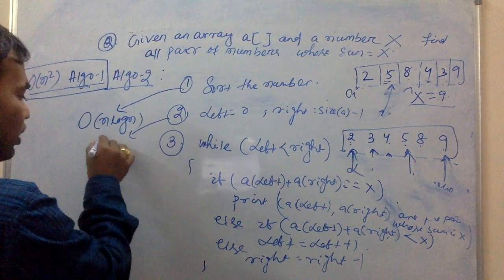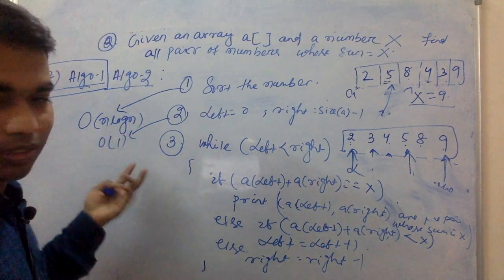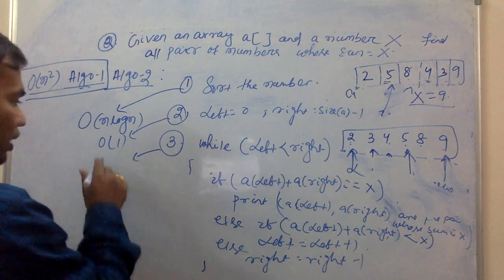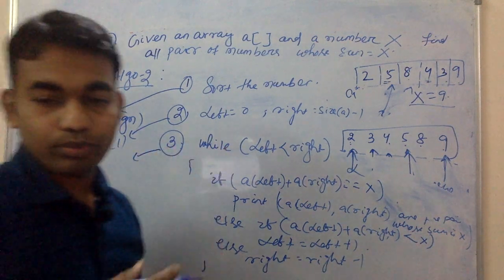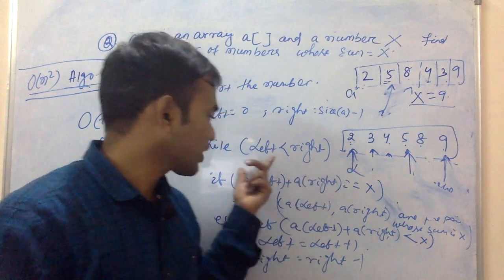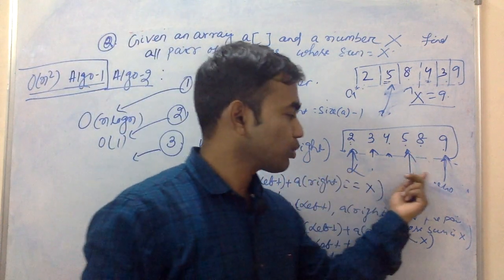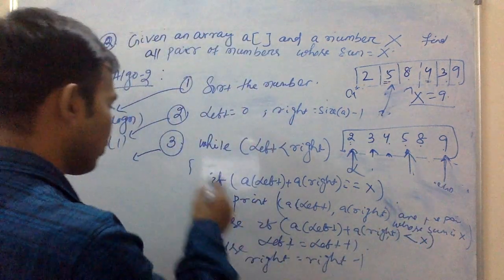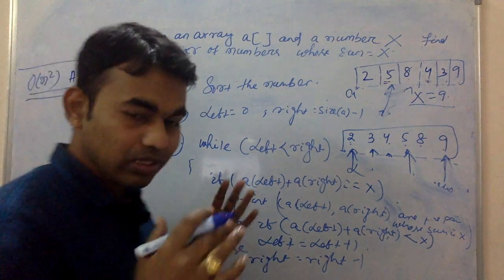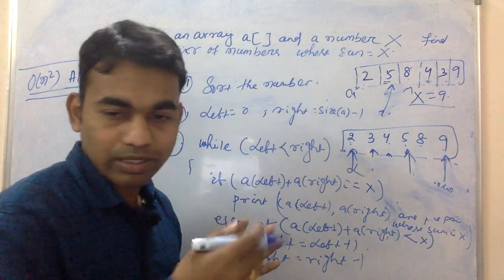This is the assignment operation, so that's okay. That is taking order of 1 time. This is a while loop. Maximum what can happen is it goes from left to right, the complete thing, so this is going to be order of n. If it is optimally divided, then it is n by 2.